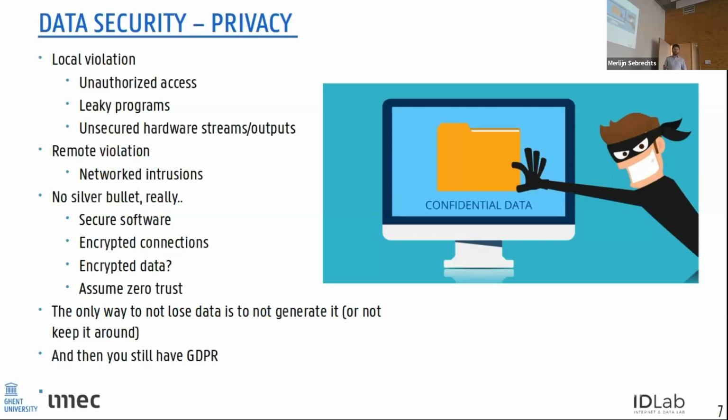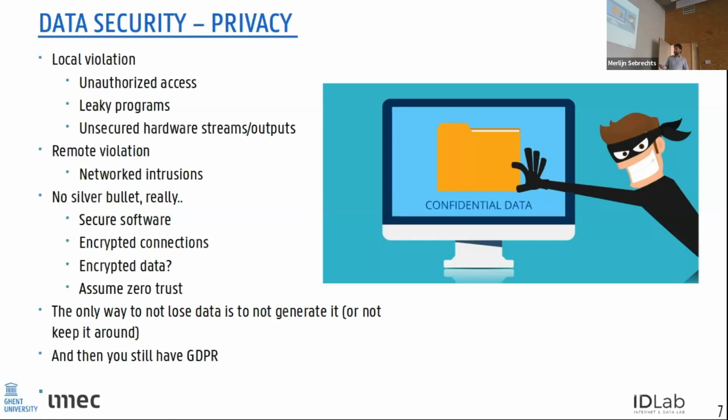But what helps us secure software is encrypted connections, which is really the basics, decent authentication, authorization, and basically assuming that you are operating within a very volatile environment. You don't trust anything, you don't trust other processes, hardware even, just assume zero trust and build up from there.